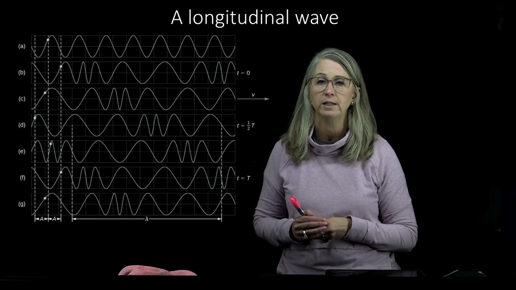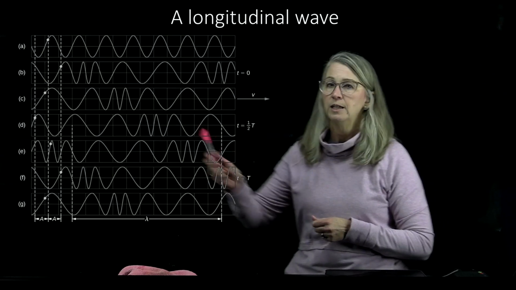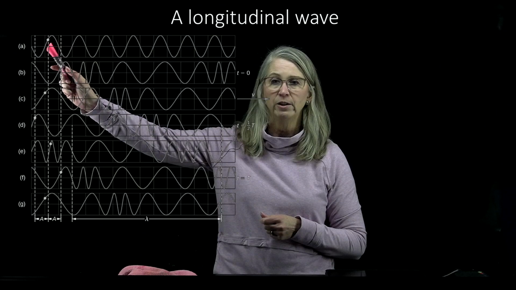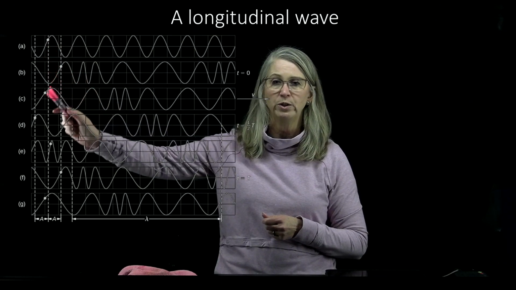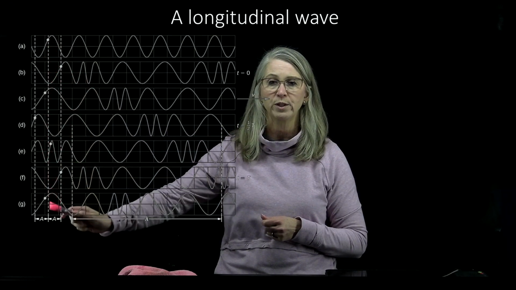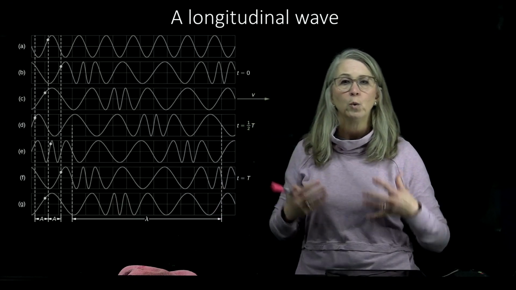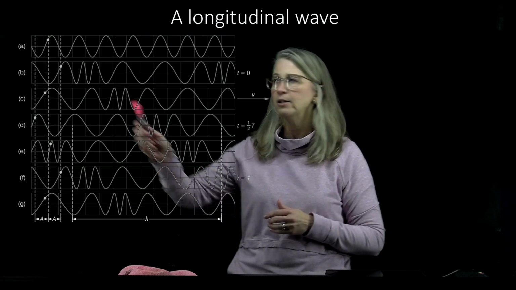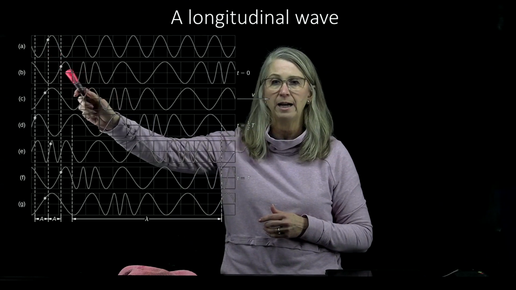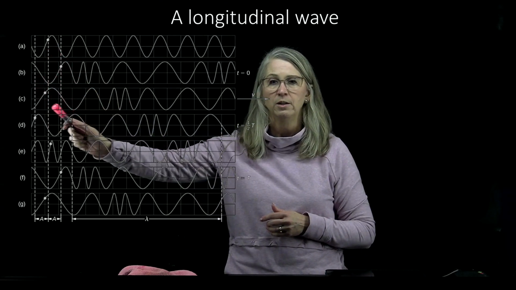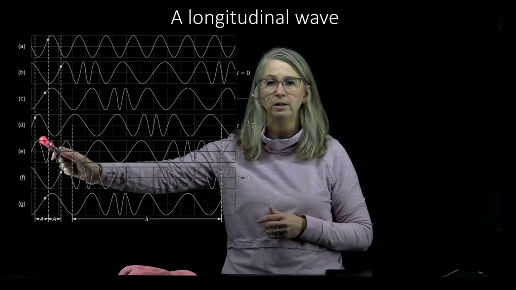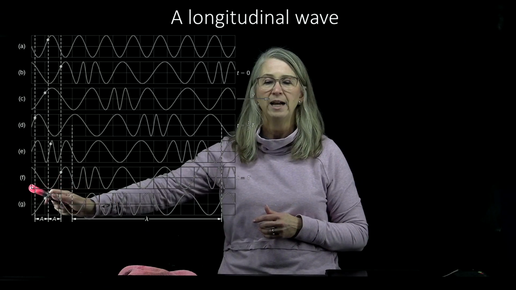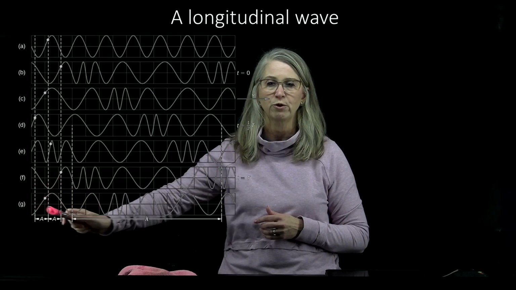What they did in this picture is they chose a single point on the medium, and as we go down, remember this is with time, we can see how that point, instead of going up and down, is going back and forth. So this point, say it might be the spring still, goes back and forth as the disturbance travels through the slinky or the spring.